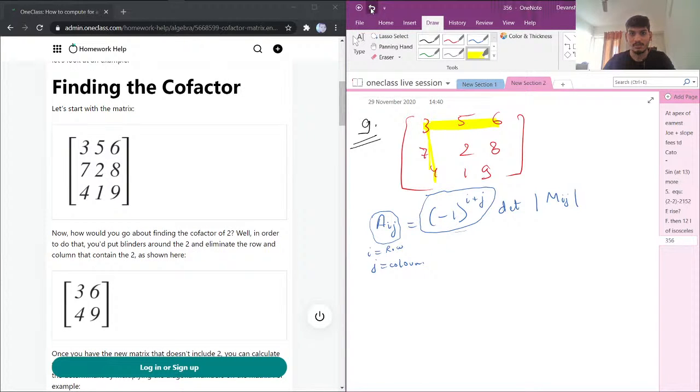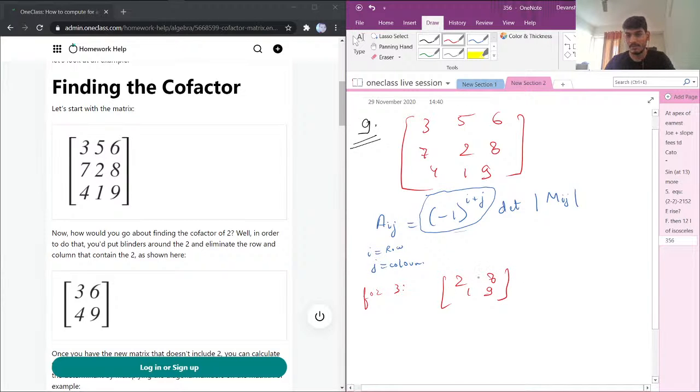So for the cofactor of 3, we get the matrix 2, 8, 1, 9, and then we find the determinant of this matrix.